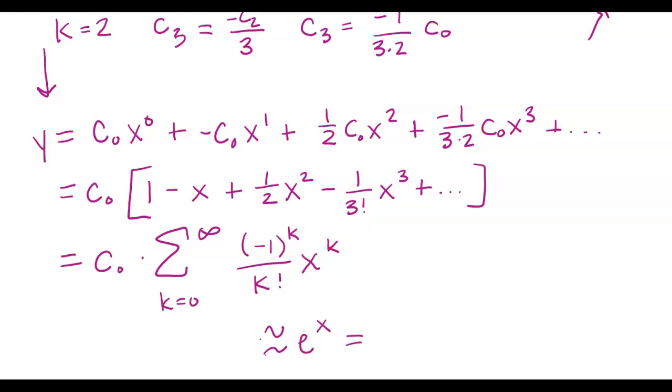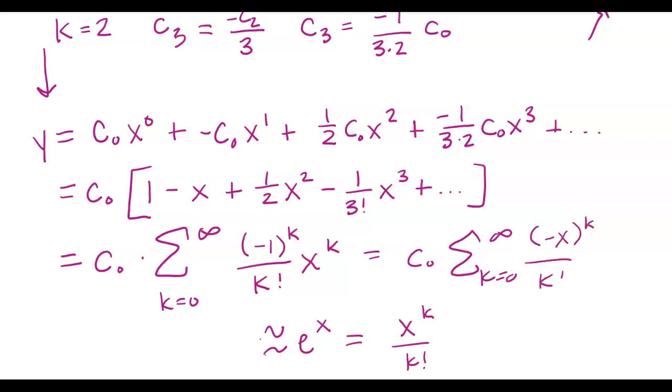The difference is e to the x is just x to the k over k factorial. But let's see, maybe I need to rewrite this. What if I rewrite it as negative x to the k over k factorial? So this is C naught times e to the negative x, right? If I plug in negative x here, that's what the solution is.